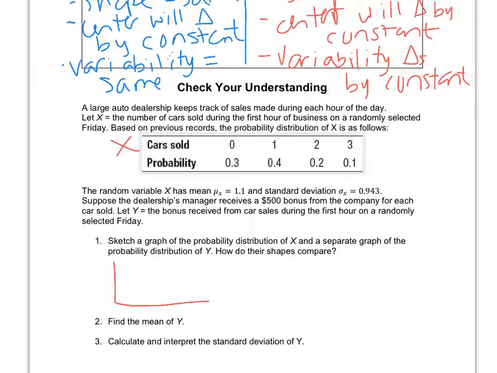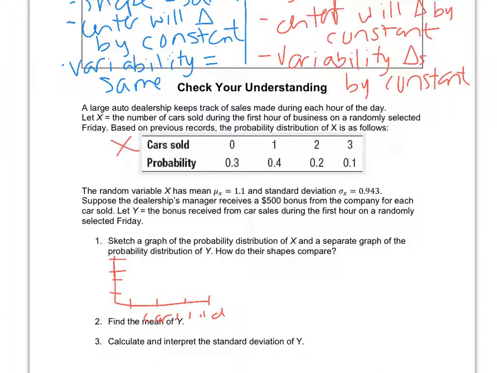This is not going to fit. So we've got 0, 1, 2, 3. This is cars sold. And my probabilities here, my highest one is 0.4. So let's go 0.1, 0.2, 0.3, 0.4.